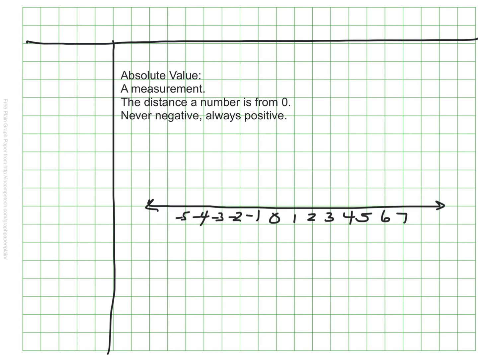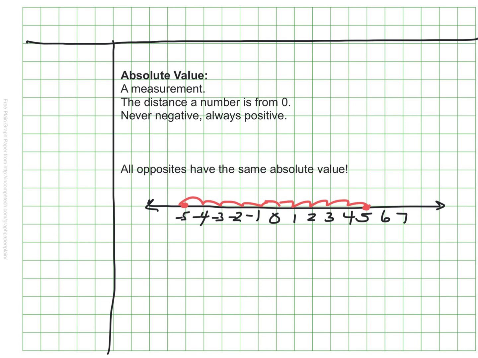If we look at our number line here, and we look at the number 5, we can know that the absolute value of 5 is 5, because it is 5 spaces away from 0. The absolute value of -5 is also 5, because it is also 1, 2, 3, 4, 5 spaces away from 0. In fact, all opposites have the same absolute value.